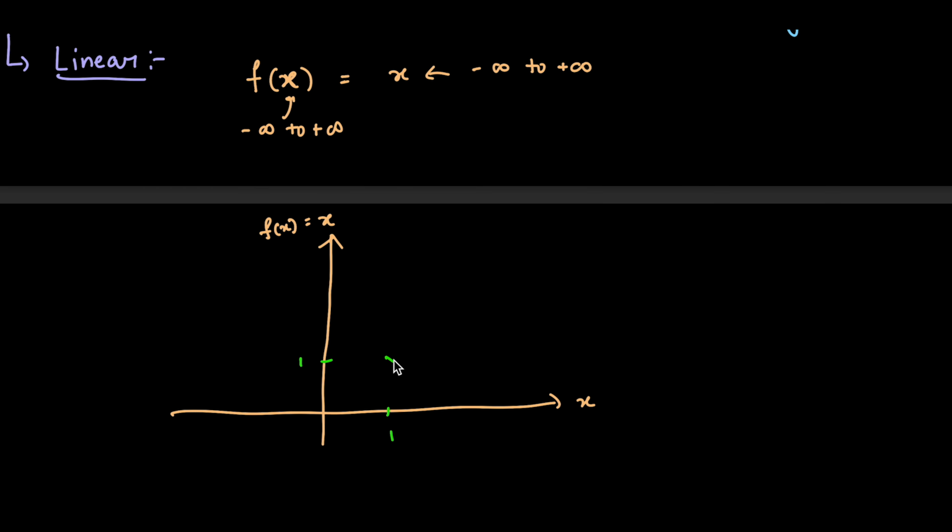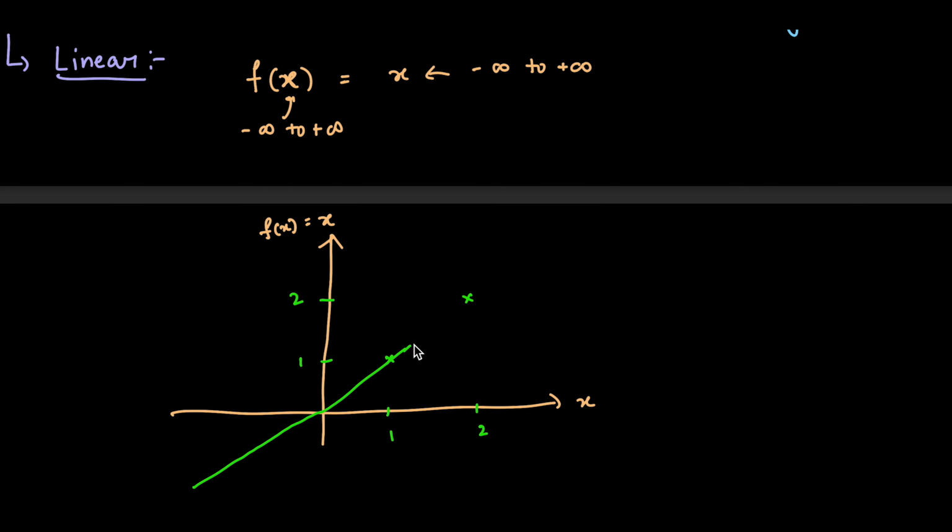And for input 2, we'll get output 2, as both input and output are the same. If we combine all these points, it will be a straight line passing through the origin, connecting these points. This is the kind of line we get when drawing the curve of the linear activation function.